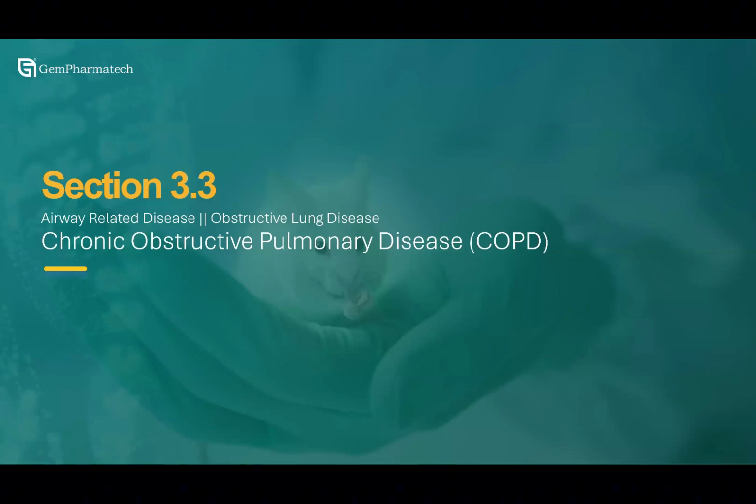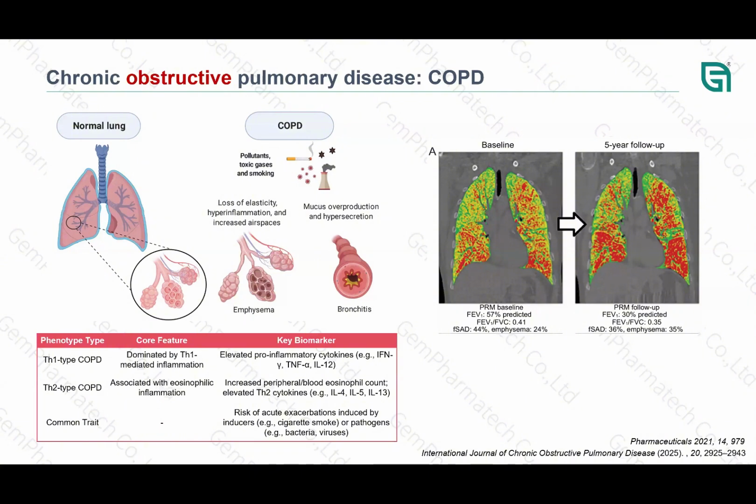Now let's move on to the next model. We will introduce the typical obstructive airway disease. COPD is characterized by the persistent airflow limitation that is not fully reversible, with core pathological features including airway inflammation, mucus hypersecretion, and alveolar destruction, often driven by long-term exposure to harmful stimuli like cigarette smoke.